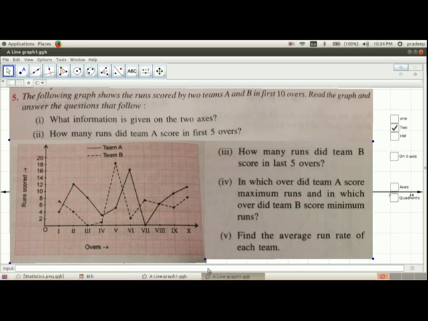Then we will get the total runs, and that total run is taken in 10 overs. Therefore, in order to find out the run rate, we have to divide that total sum into 10 equal parts. That is, run rate is equal to total run divided by number of overs. In the same way, we can find out the run rate of team B also.